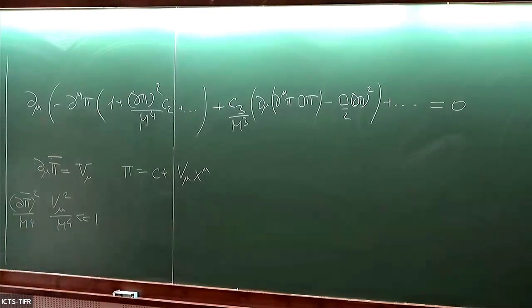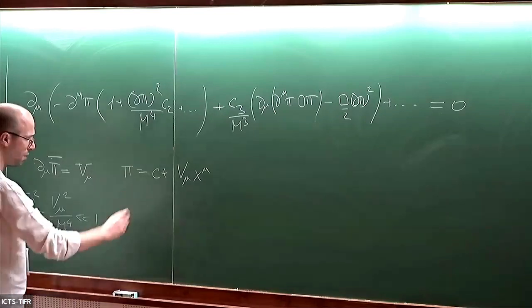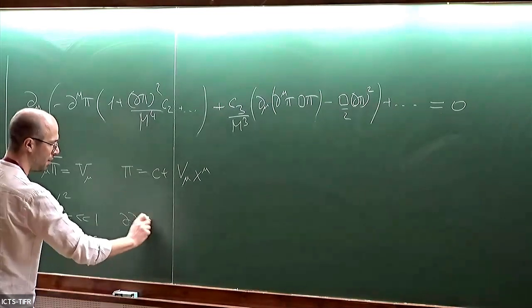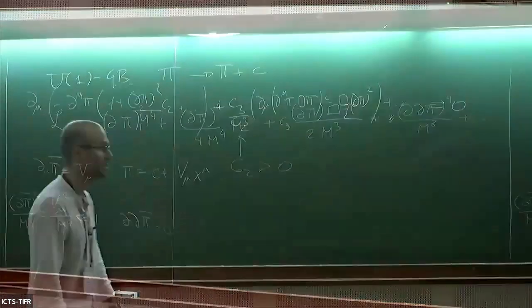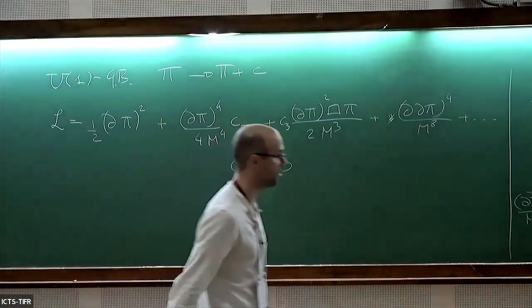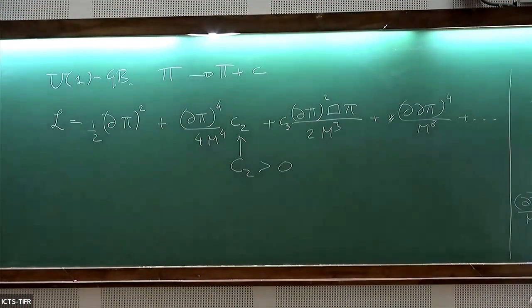I'm going to call the background with a bar. This is just saying that this term is smaller than this term, so other terms are even much smaller. Moreover, we require that ∂∂π is also small. In this case it's constant, so it's actually 0; we don't even need to specify that it's small. It's as small as it can possibly be, and further derivatives as well.